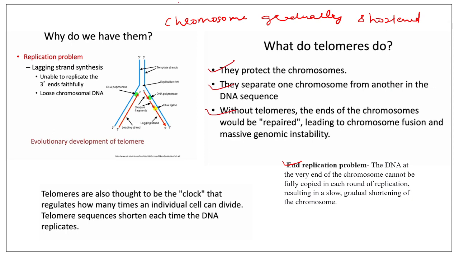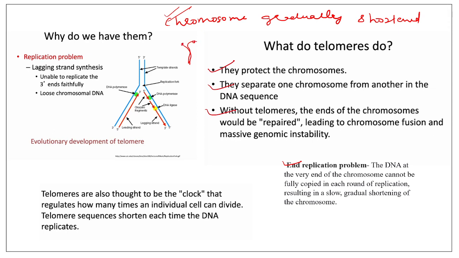Your chromosome is gradually decreasing its length with each cycle of DNA replication. That means after a certain number of replications, your chromosome would be completely exhausted and vanished because of this end replication problem. So to solve this end replication problem, at the end of the chromosomes, we have telomeres.